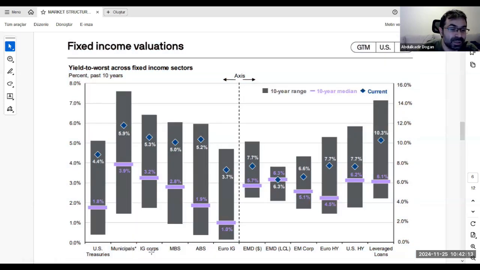US Treasury, municipals, investment grade corporation, mortgage-backed securities, asset-backed securities, Euro investment grade, emerging market corporation, Euro high yield, United States high yield, and leverage loan. And if you are buying something, while making your valuation to decide whether this is cheap or expensive, there are some different rules, but one of them is the basic rule.